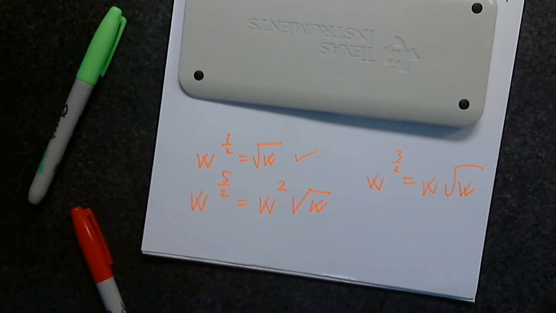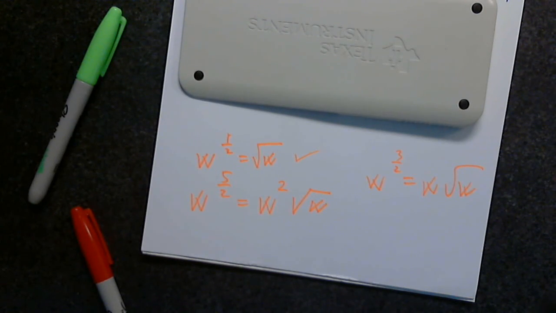I don't want you to spend too much time on this. So 3 over 2, you take the integers out, and that's how you get 1, and the remainder is 1 half. The same thing here, 5 over 2, the integers that you take out are 2, and the 1 half is the square root.